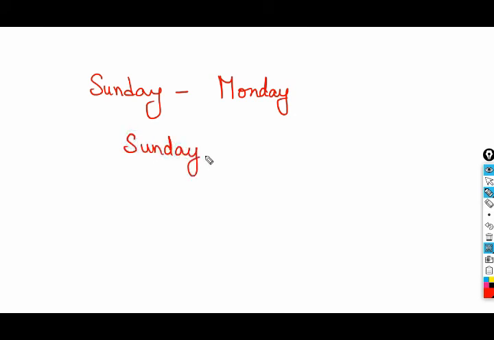Apart from the above mentioned, all the weekdays like Sunday till Monday, all of them should be written starting with capital letters. And I have seen people writing like this. In case they start a sentence with Sunday, they write as capital.